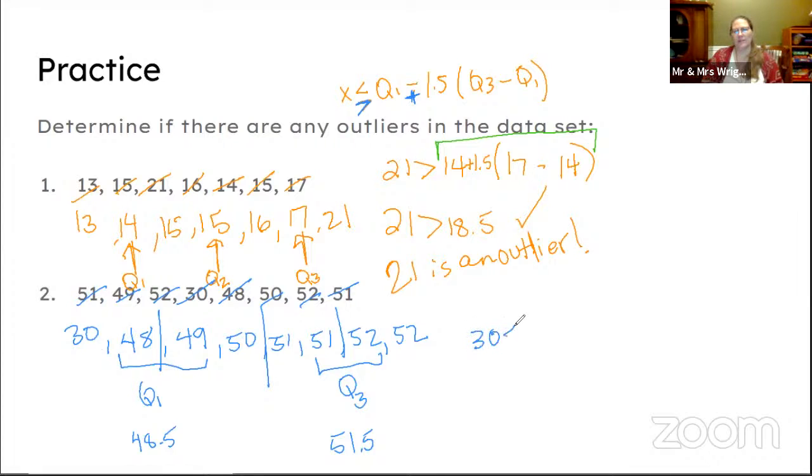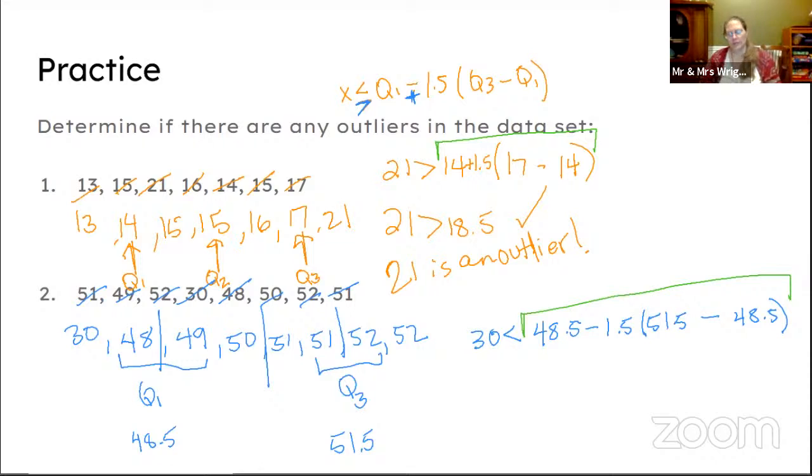So 30 is less than quartile 1, which is 48.5, minus 1.5 times quartile 3, 51.5, minus quartile 1, 48.5. Again, what am I going to plug into my calculator? Just this expression right there.